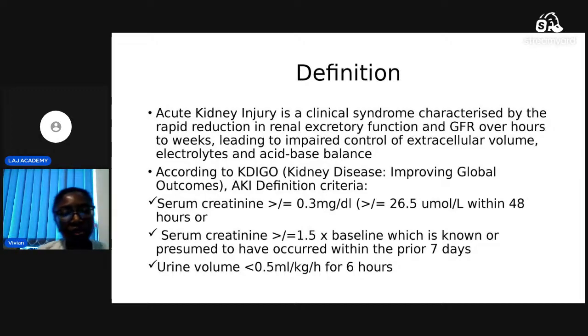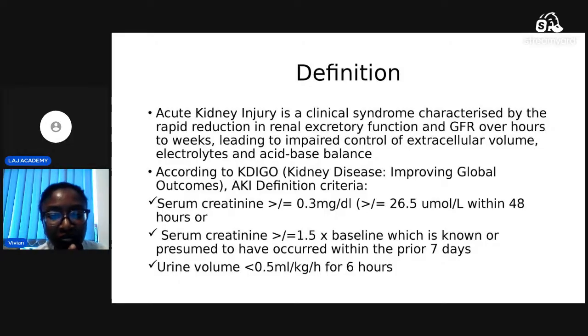Now, according to KDIGO, there's a definitive criteria for diagnosing AKI. It is that the serum creatinine is greater than or equal to 26.5 within 48 hours, or greater than or equal to 1.5 times the baseline, which is known or presumed to have occurred within the last 7 days, or an oliguria of less than 0.5 for 6 hours.